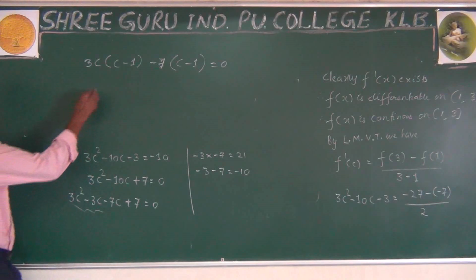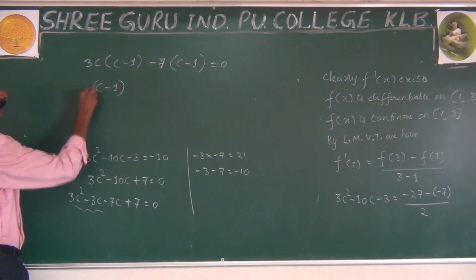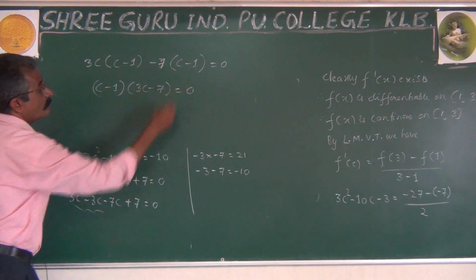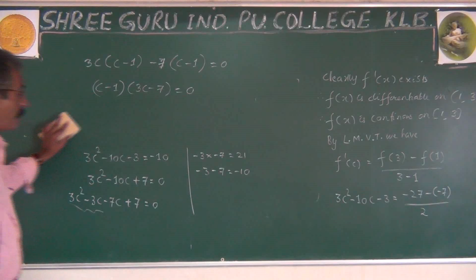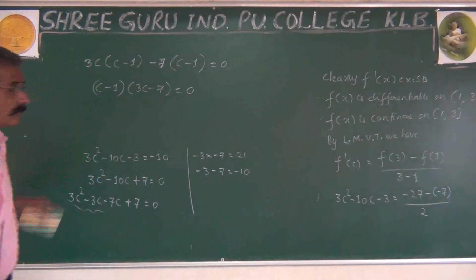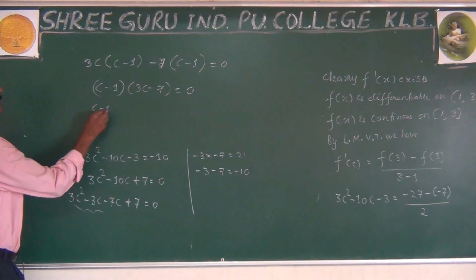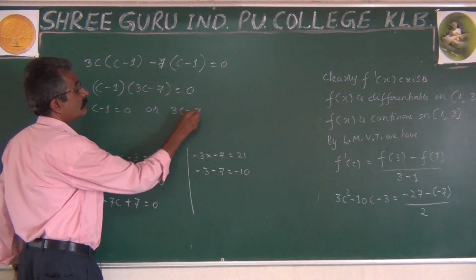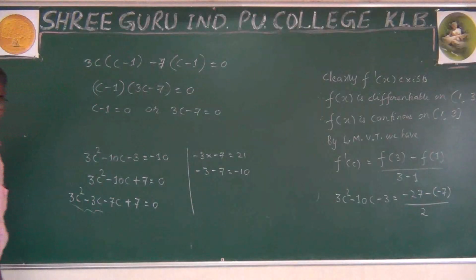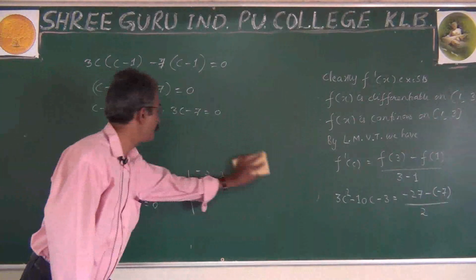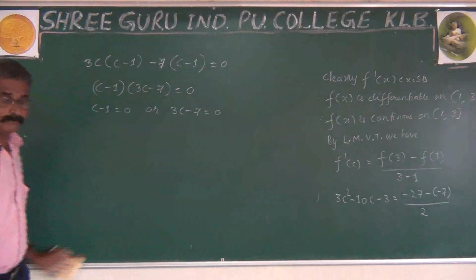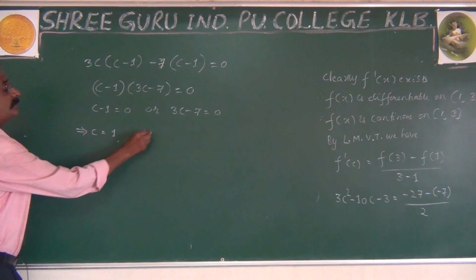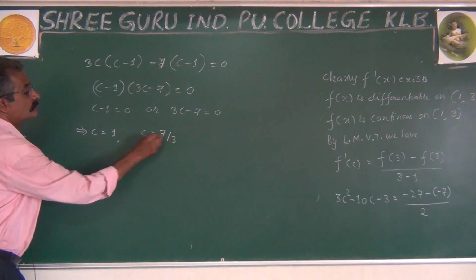Again common c minus 1, that gives c minus 1 into 3c minus 7 equal to 0. Either c minus 1 equal to 0 or 3c minus 7 equal to 0, which implies c equal to 1, another c equal to 7 by 3.